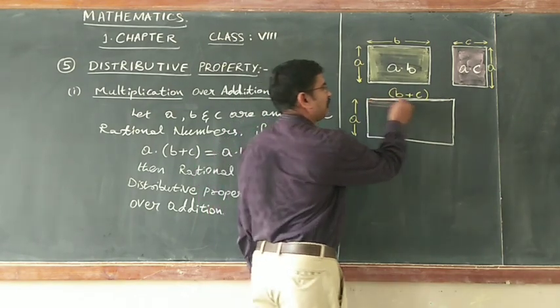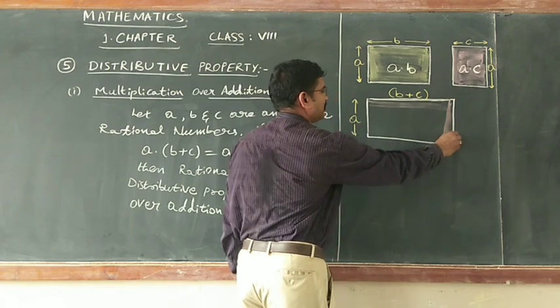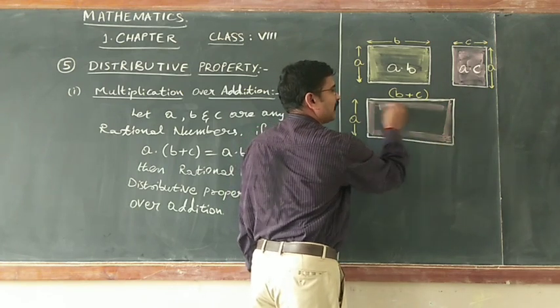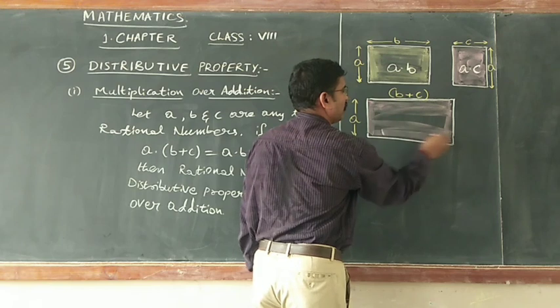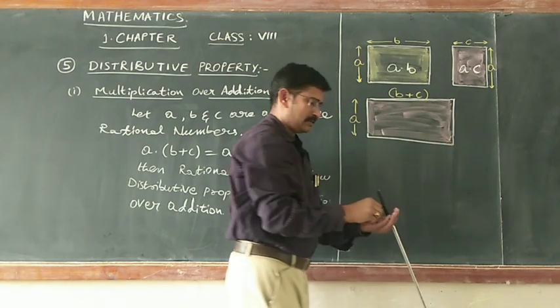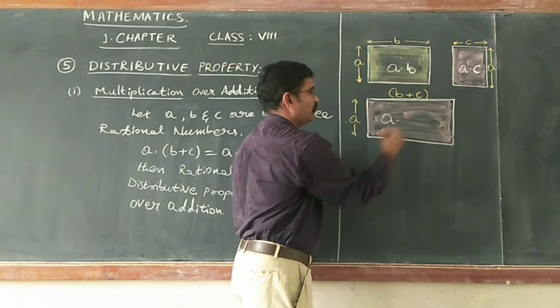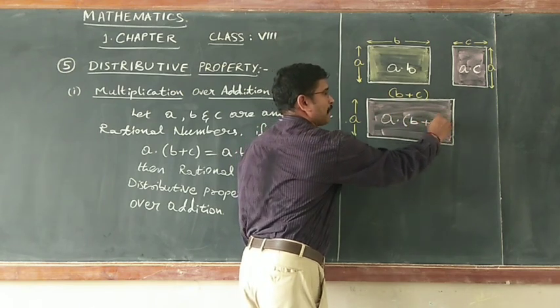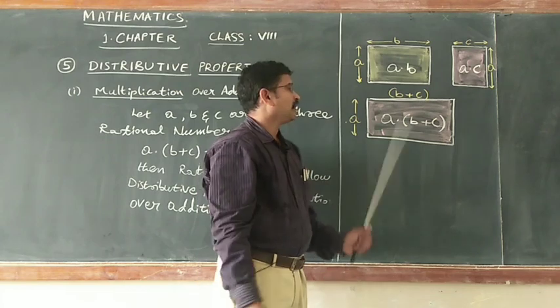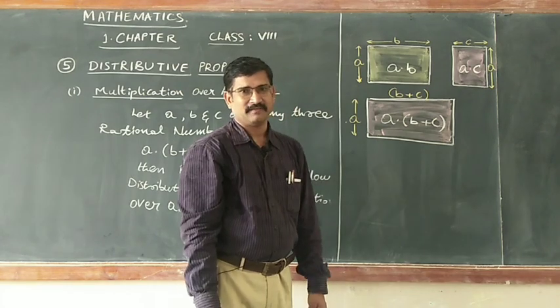Now, if I want to find the area of this region, the area will be the product of both these two dimensions. So, A into B plus C will be the area.